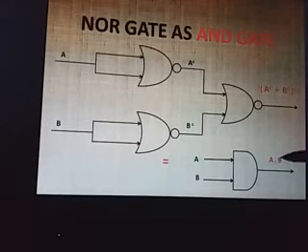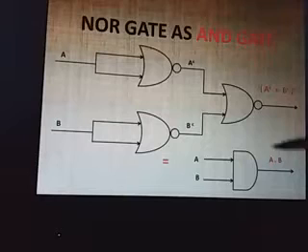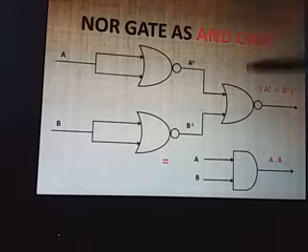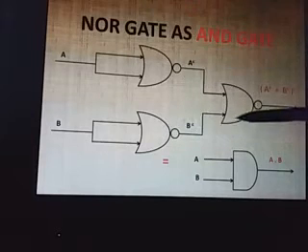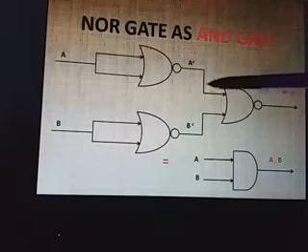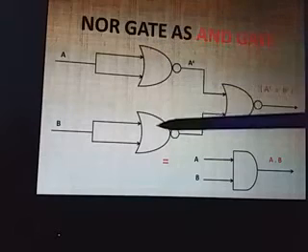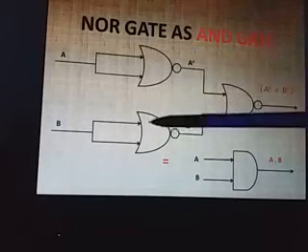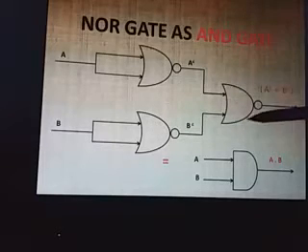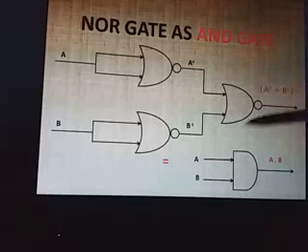Now, is this very function, complement of the sum of A complement and B complement, equal to A dot B? If it is so, then we conclude NOR gate works as AND gate in combination with each other, where in combination we are having at first level two NOT gates and at the final stage a simple NOR gate.